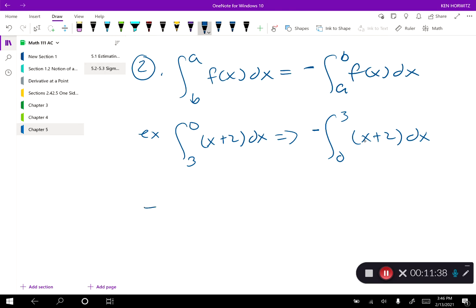I do my antiderivative of x, which would be x squared over 2. Then I do my antiderivative of 2, which would be 2x. And I'm running from 0 to 3. So I'm going to distribute my negative first. So I have negative x squared over 2, and then minus 2x.